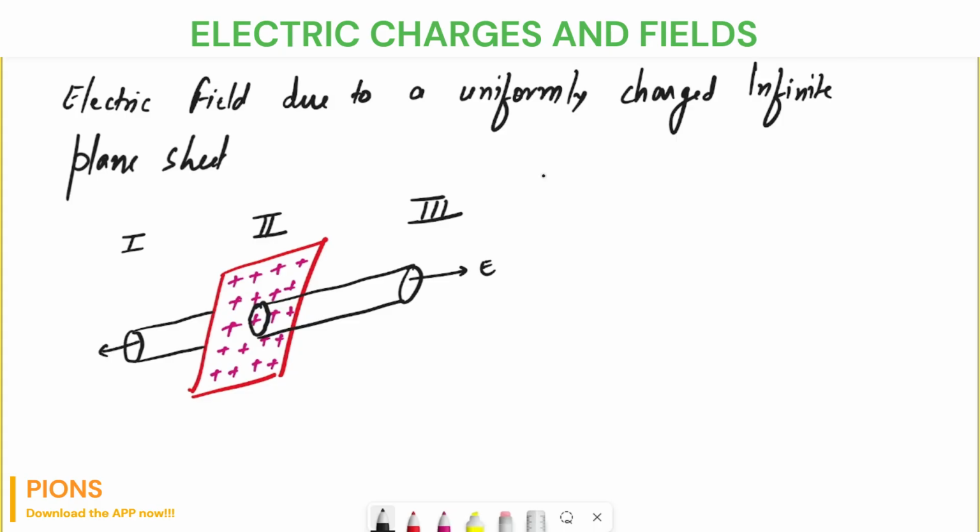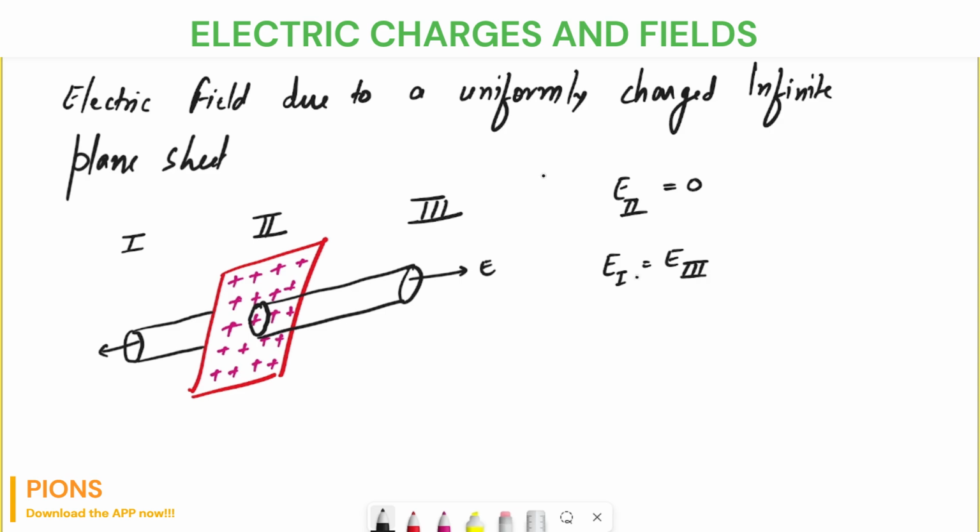So electric field will exist only in region 1 and region 3. There is no electric field on the sheet, so E2 will be equal to 0. Electric field in region 1 must be equal to electric field in region 3 because it is uniformly charged, right?